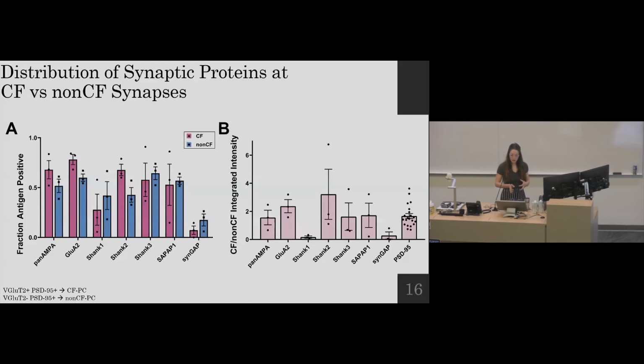In part B, there's a ratio of climbing fiber to non-climbing fiber integrated intensity, which showed significant differences between antigens via a one-way ANOVA, again with SHANK2 having a particularly high ratio, and SHANK1 and SYNGAP with particularly low ratios.